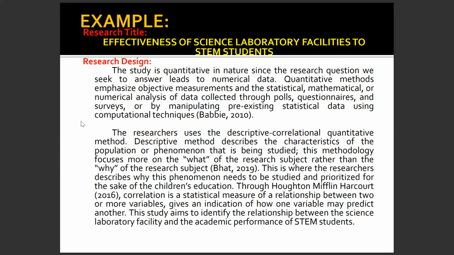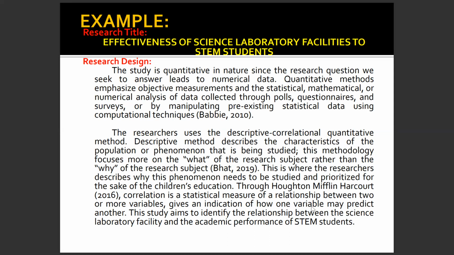In this instance, they describe what a descriptive method is. This is where the researchers describe why this phenomenon needs to be studied and prioritized for the sake of the children's education. According to Halton, Mifflin, Hackworth, 2016, correlation is a statistical measure of a relationship between two or more variables.